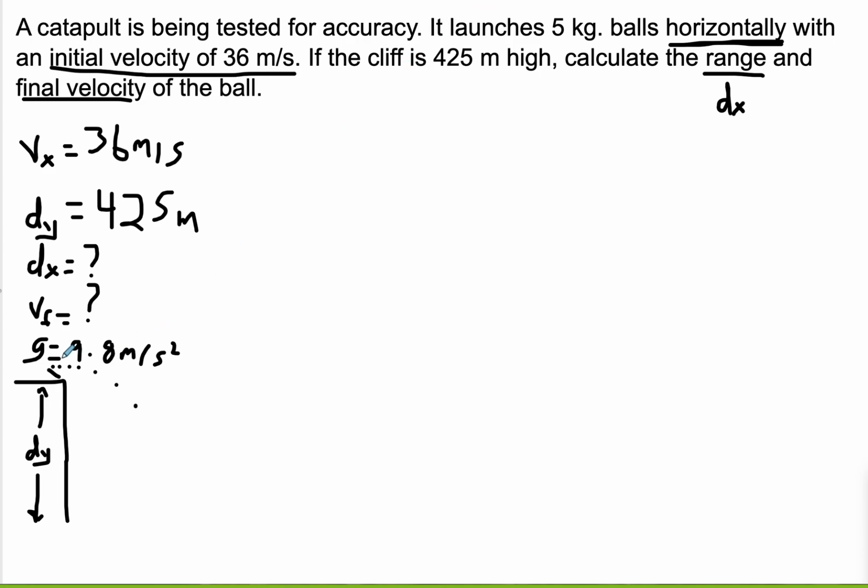Now, how long it takes to fall is independent of Vx. The only thing that affects the time it takes to fall, or the time that it's in the air, is dy.